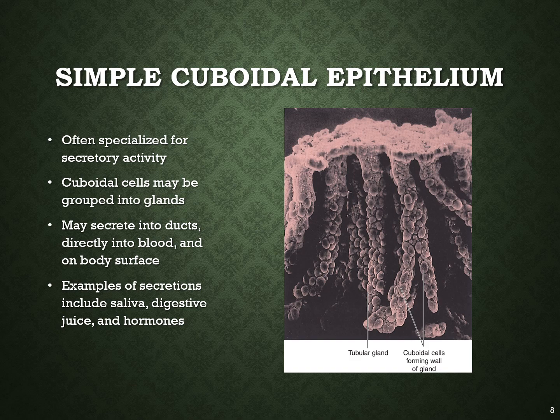Simple cuboidal epithelium typically makes up tubes or ducts that secrete saliva, digestive juices, and hormones, whereas stratified cuboidal makes up ducts or tubes that secrete sweat, such as in our sweat glands.